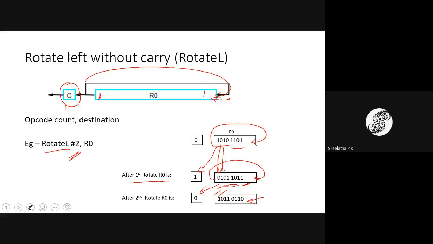Here is the first shifting of bits, and this is the answer after the second shifting of bits. The carry flag is not affecting the value in R0. Carry flag is not considered. It is without carry. That is the first instruction.